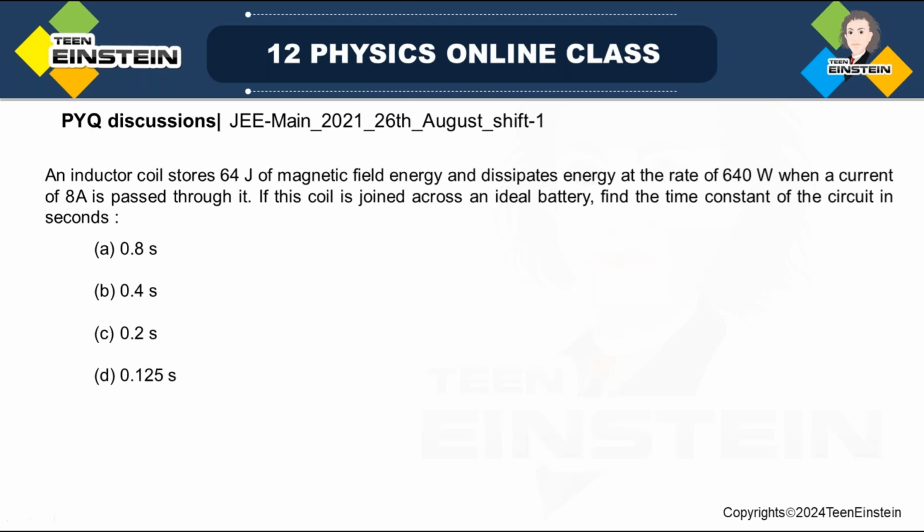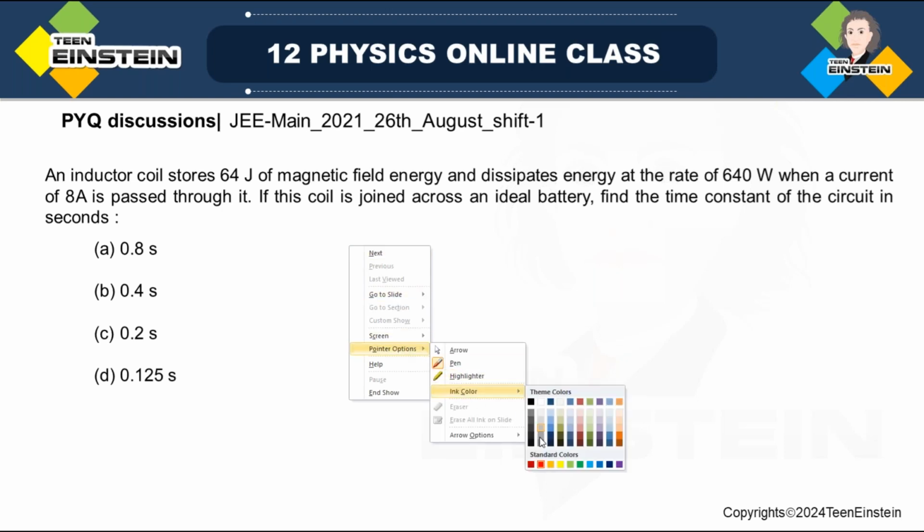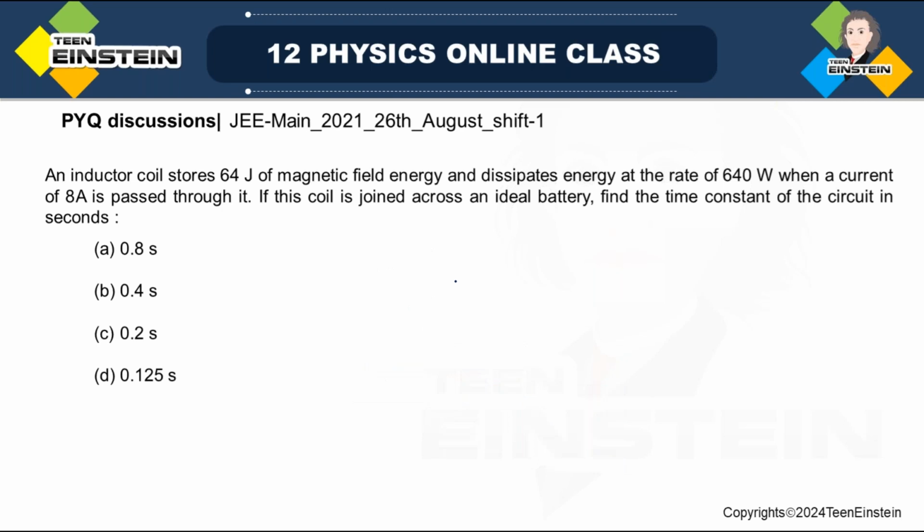Let me change the ink to blue maybe. Yeah. So the first question says: an inductor coil stores 64 joule of magnetic field energy, dissipates energy at the rate of 640 watt when a current of 8 ampere is passed through.